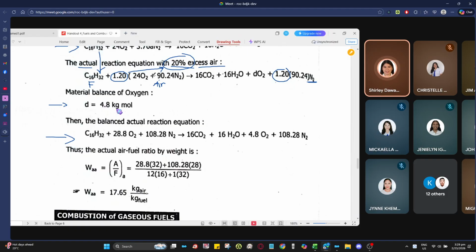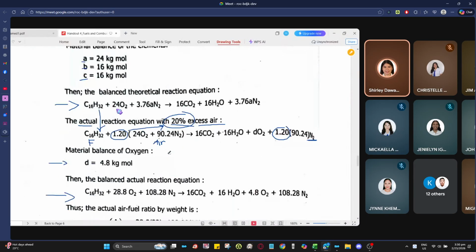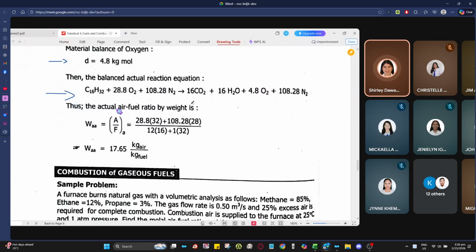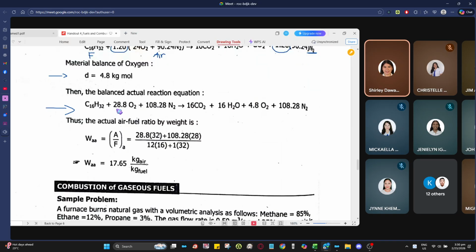Try balancing this yourselves, same procedure as the first example. Then the actual air-fuel ratio by weight is equal to, for oxygen, 28.8 times 32, plus the nitrogen, 108.28 times 28, divided by the fuel.